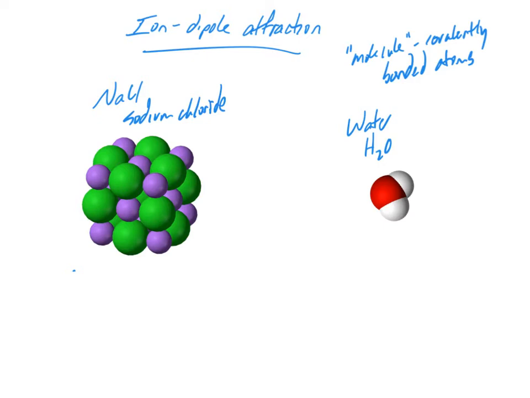This lattice structure, if you think about how this is arranged, is what you're putting on your French fries, for example. It's just a zillion of these units attracted to each other. Water is covalently bonded.